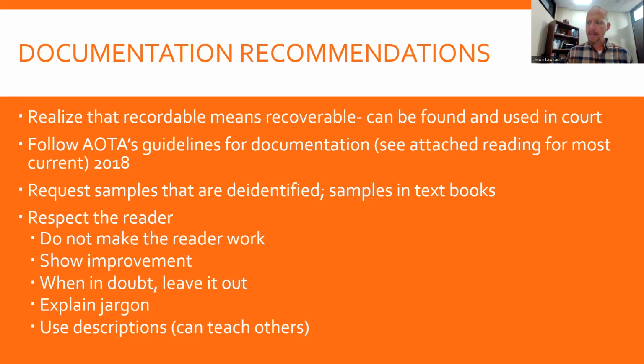And then from there on, I can say, results from the PDMS-2 are as follows: raw score, standard score, normative standard score, standard deviation, percentile rank, those kinds of things. So again, that'll make sure that the reader doesn't have to work. When we switched to electronic medical records, when I wanted to report on an assessment tool, I could click it and it automatically would populate that in. I thought that was the neatest thing ever. But that typically is one of the big pieces of feedback that I give students.